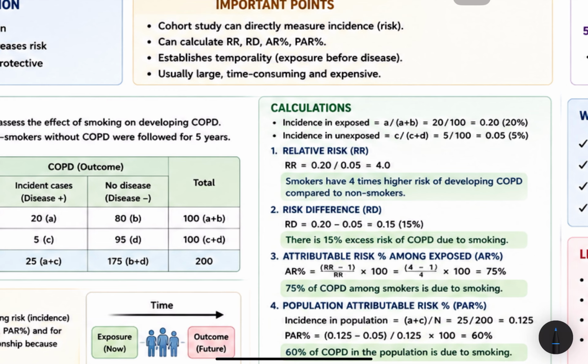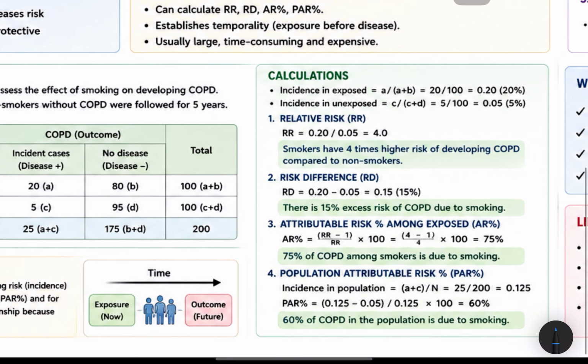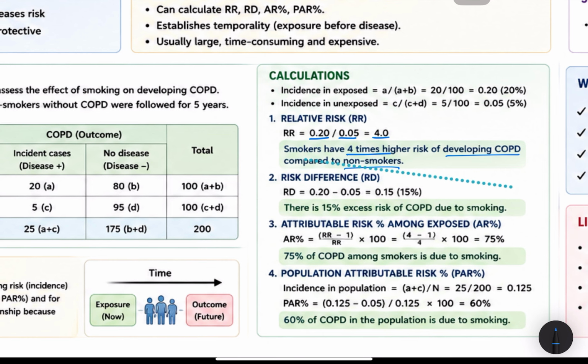Similarly, for unexposed we found 5%. Relative risk is incidence in exposed upon unexposed, 0.2 upon 0.05, which gives 4. The interpretation: smokers have 4 times more risk of developing COPD compared to non-smokers.